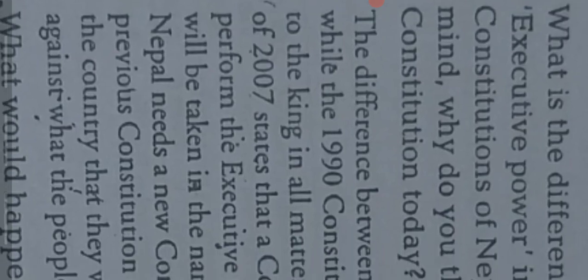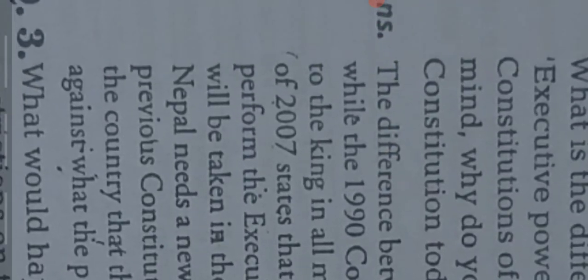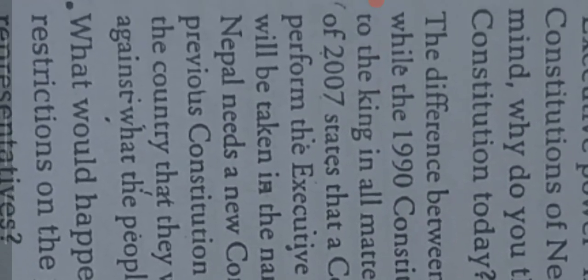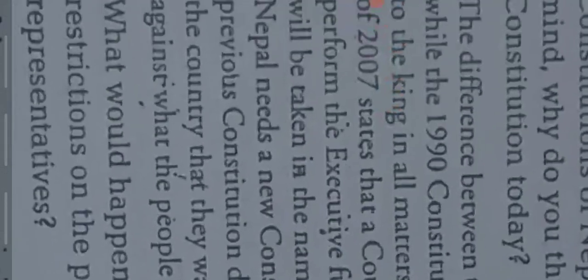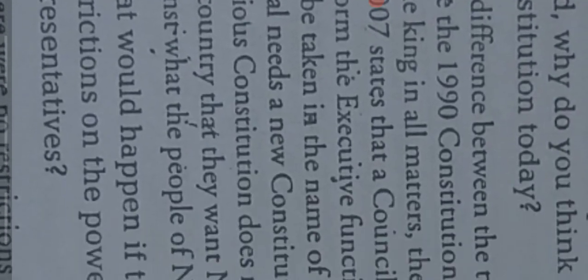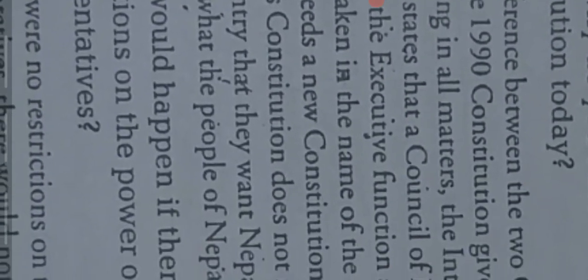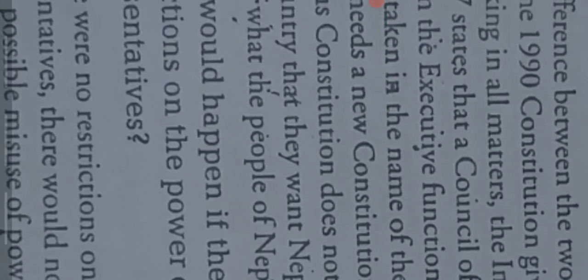Its answer is: the difference between the two constitutions is that while the 1990 constitution gives ultimate authority to the king in all matters, the interim constitution of 2007 states that a council of ministers will perform the executive function and the decisions will be taken in the name of the Prime Minister.